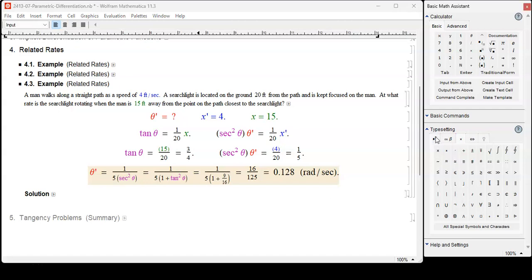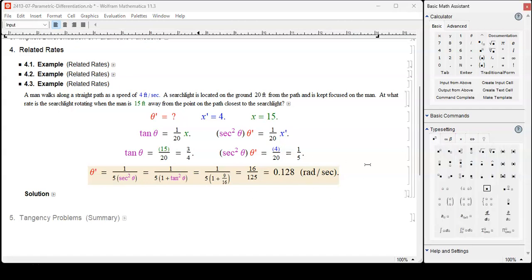So it has to be radians here. Now, if you have to change it into degrees, then you have to multiply by 180 over pi, but I don't think that's really necessary here.